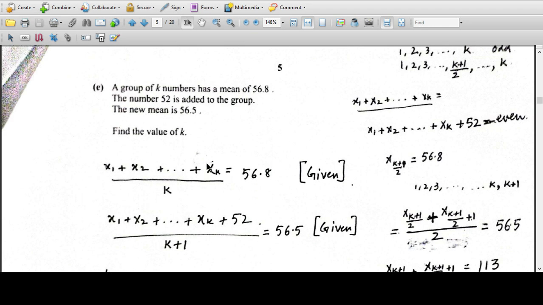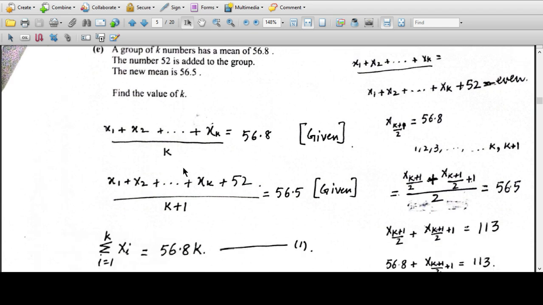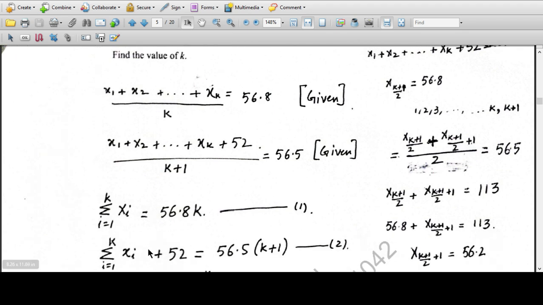Now from these two equations, the total sum, this k can be multiplied here by 56.8, and the sum of all these numbers is written as the summation of xi, where i is from 1 to k, and this is equal to k times 56.8.